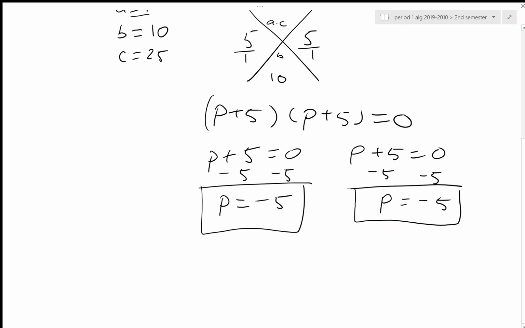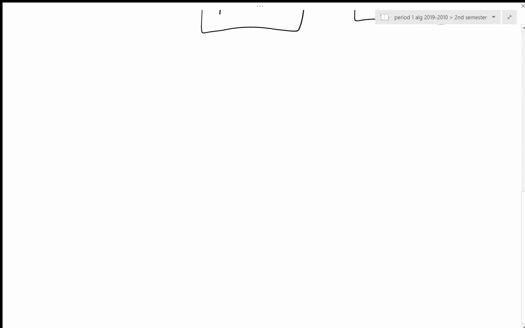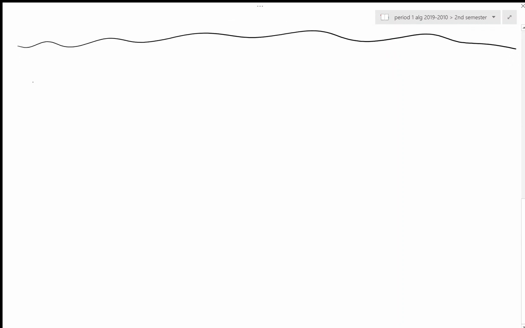Okay. Now, let's make this a little bit harder. Number 2: 7v squared minus 38v plus 11 equals -7v minus 1.